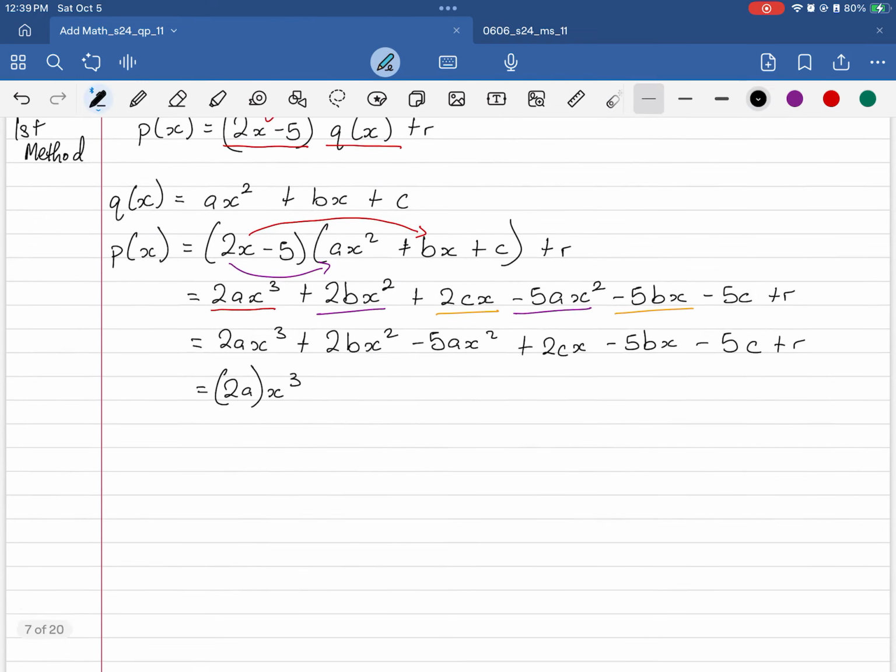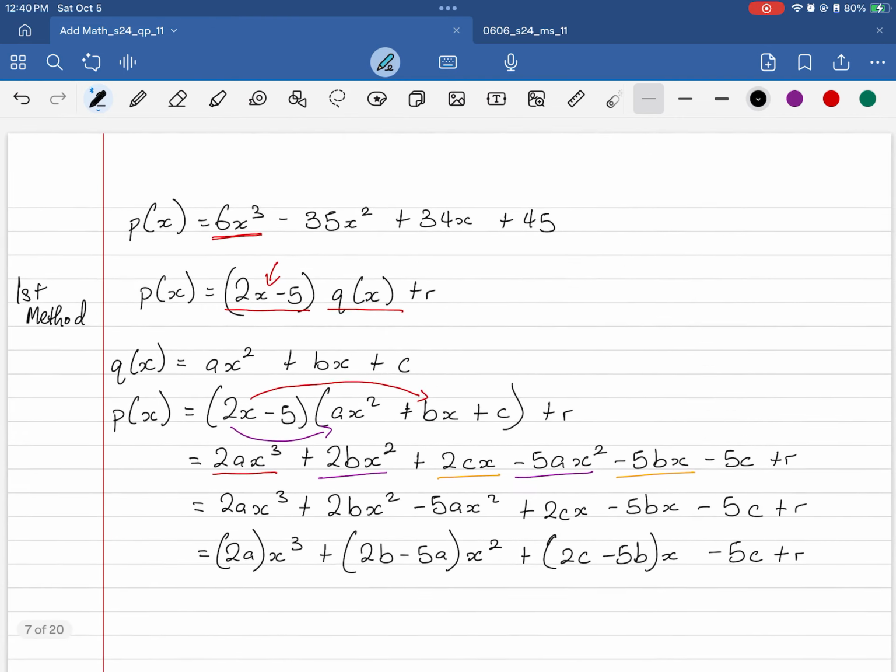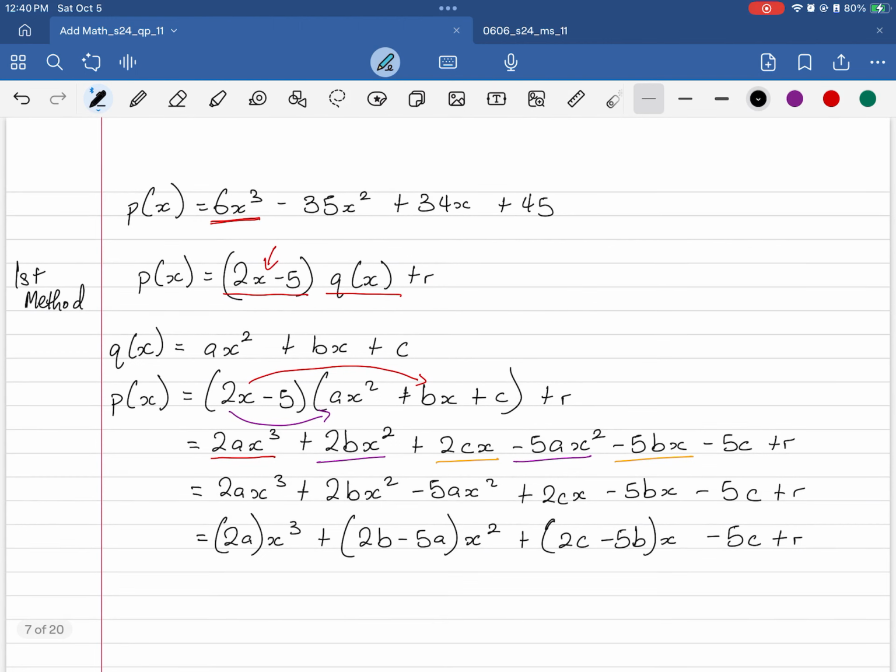So if we group this, we get (2b minus 5a) x squared, (2c minus 5b) x, minus 5c plus r. Now note that I'm not changing the polynomial, I'm only grouping the like coefficients, so that I could compare it.